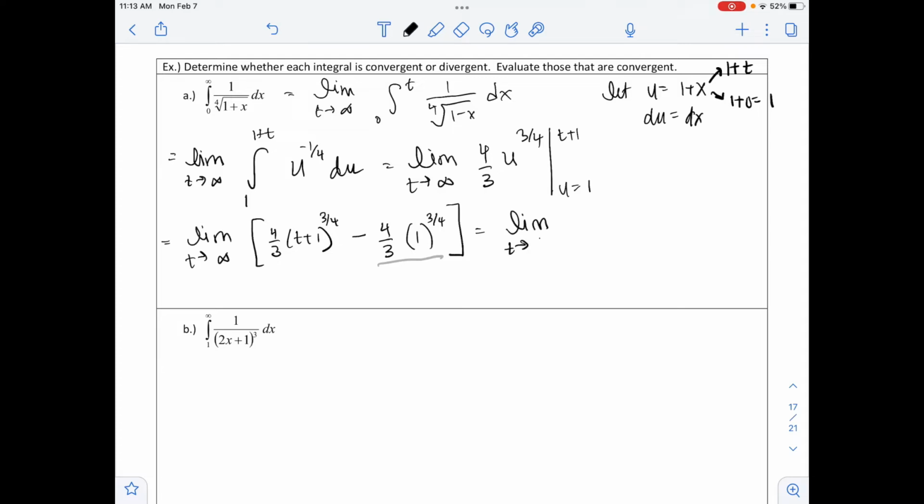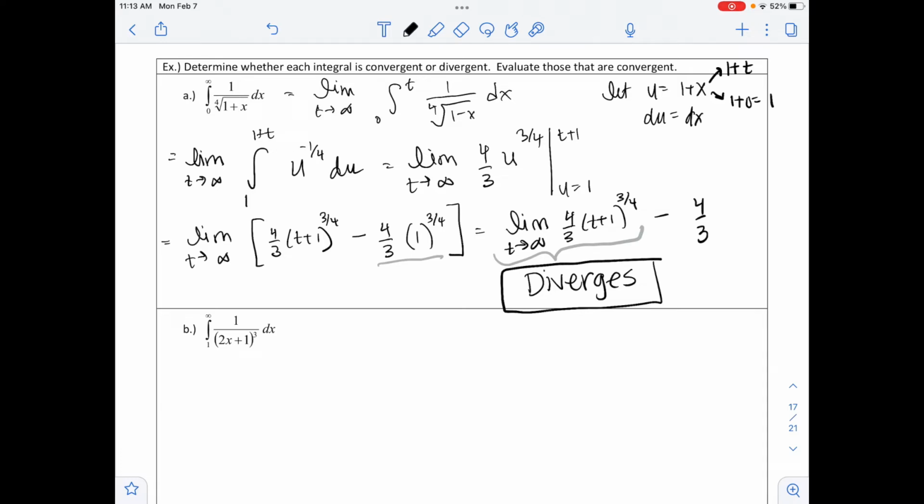We learned that back in Calc 1. And so we have the limit of 4/3 of t plus 1 to the 3/4 minus 4/3. And so right here, if you were to evaluate this limit, this is going to be infinite, so this is going to diverge. And so the original integral up there is going to be divergent. It diverges.